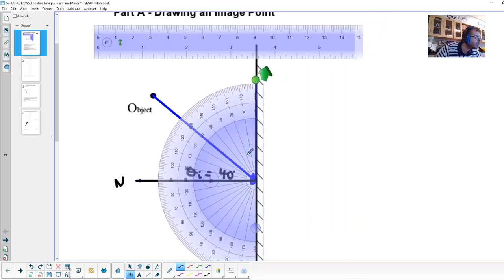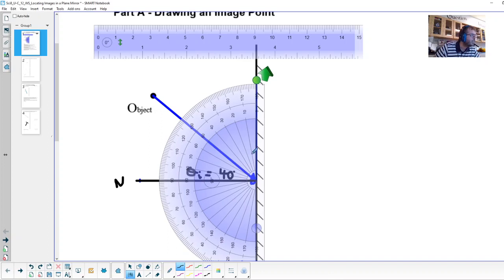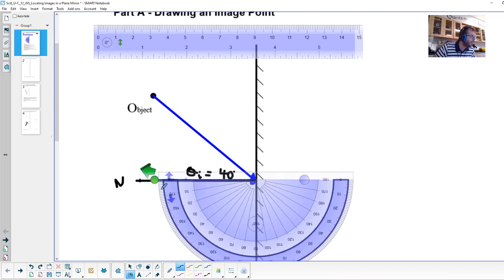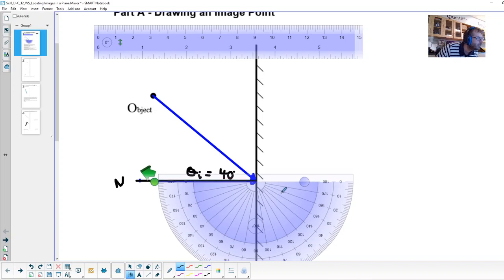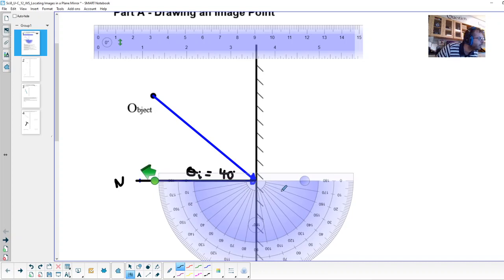Set up my protractor this direction here this time. And what we want to do now is move this so that you measure it from this perspective here. Just make sure I got it nice and lined up here. That looks pretty good right there.